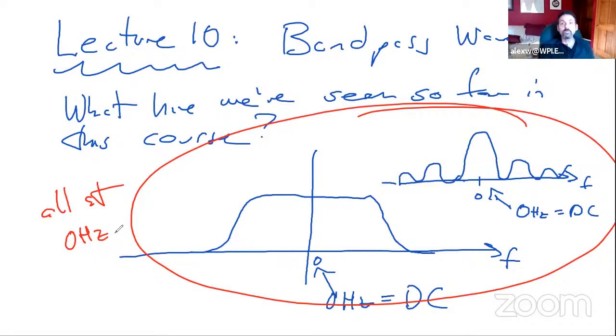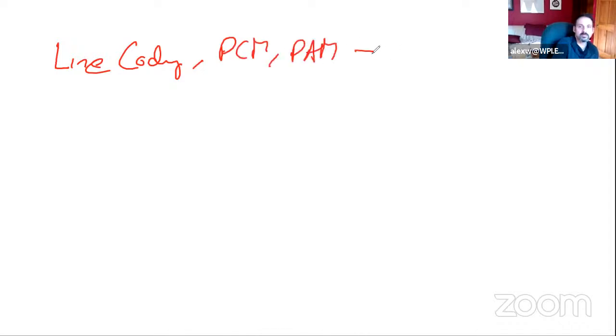Up until now, things like line codes, PCM, PAM, all those things are baseband. Baseband signals, if you look at the frequency domain, are centered at 0 hertz.